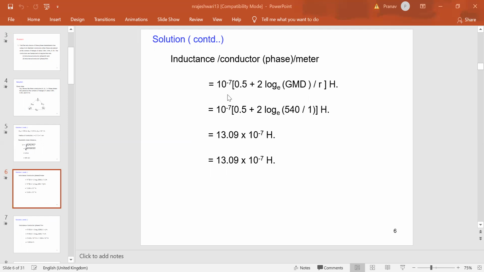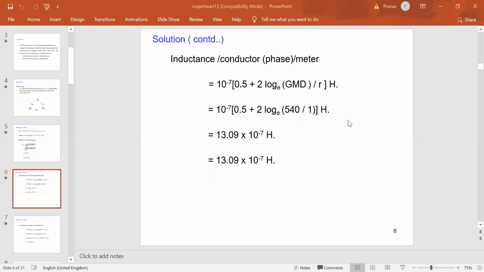The formula is 10 to the power of minus 7 into 0.5 plus 2 times log of GMD by R Henrys. So 10 to the power of minus 7 into 0.5 plus 2 log e of 540 by 1. 540 is the GMD of the conductor.